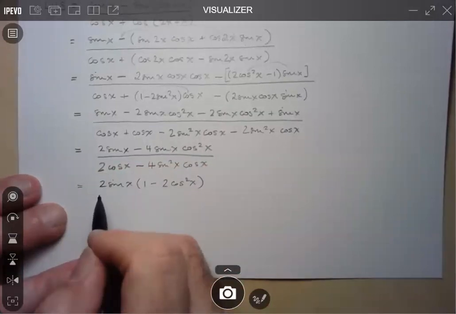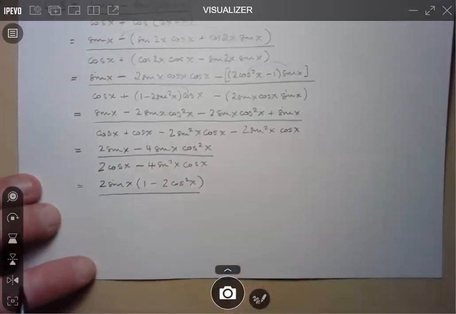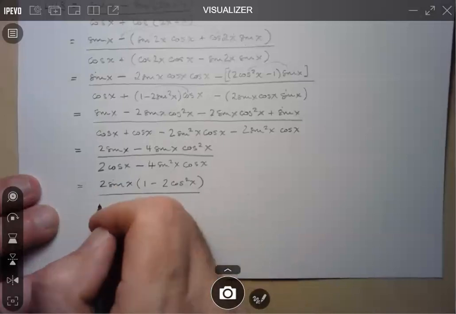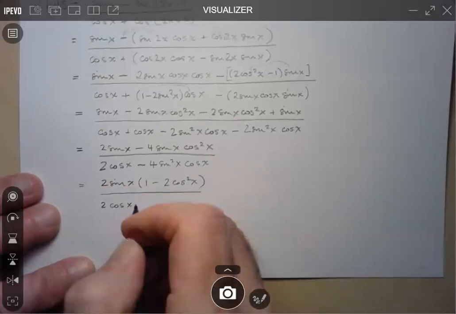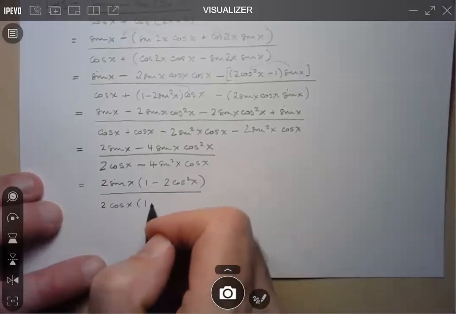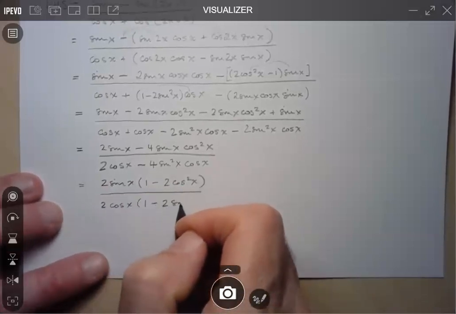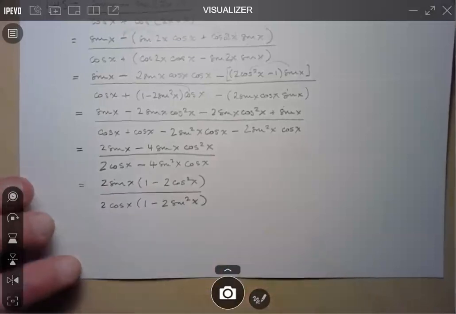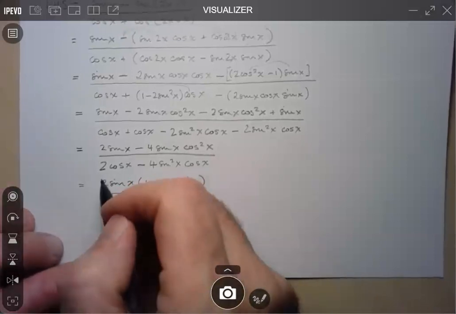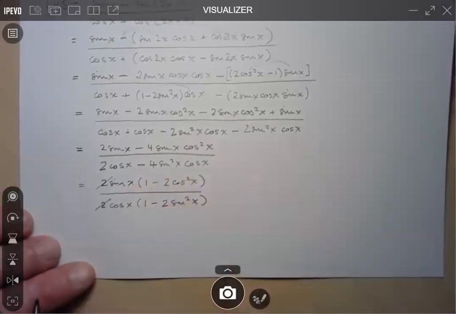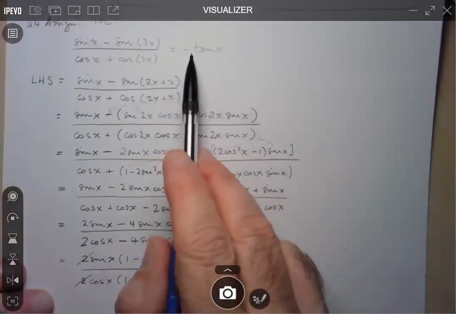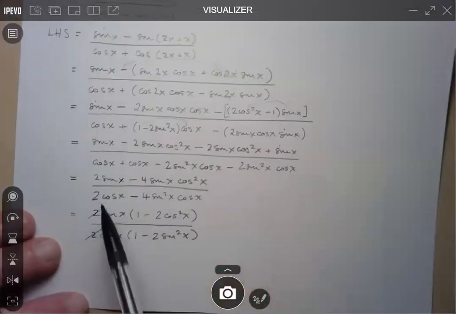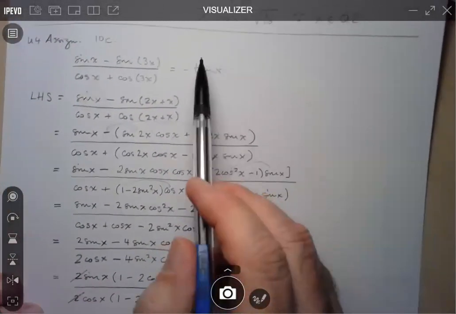And then here there's still a common factor of 2, and a common factor of cos x now. And here we're left with 1 minus 2 sine squared x. Okay. So this is pretty nice. The 2's cancel out. I see a sine x over cos x, which is a tan x, but the other side has a negative tan x.